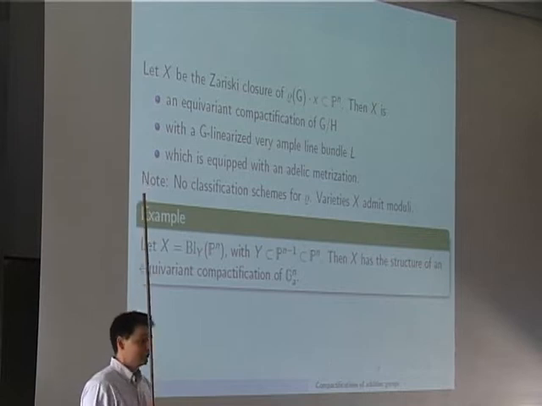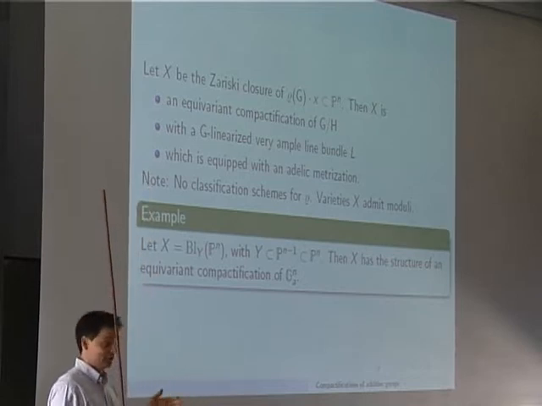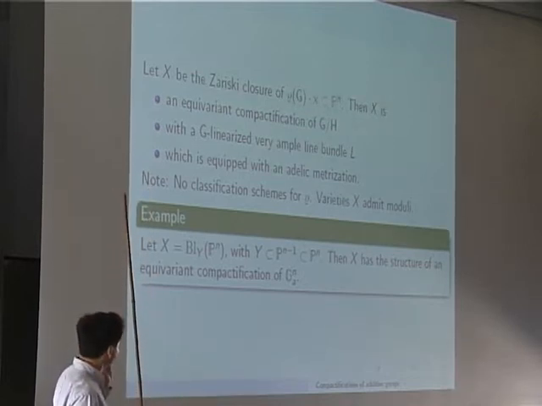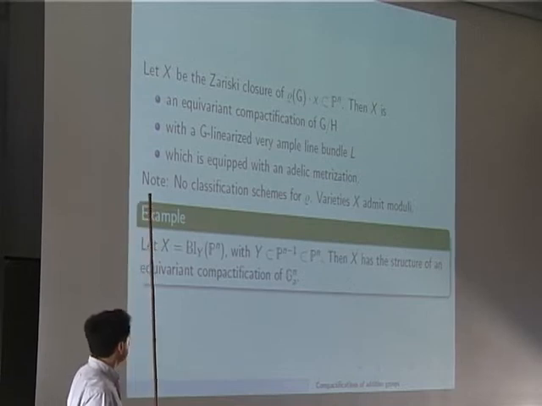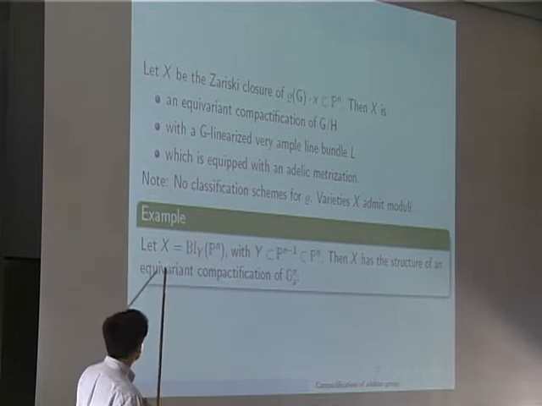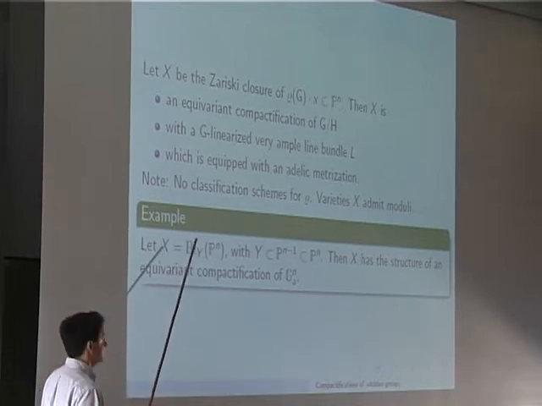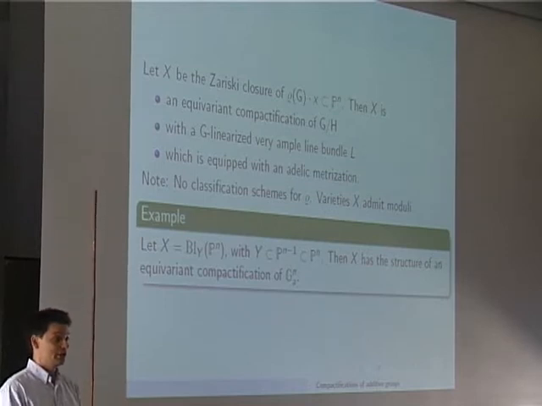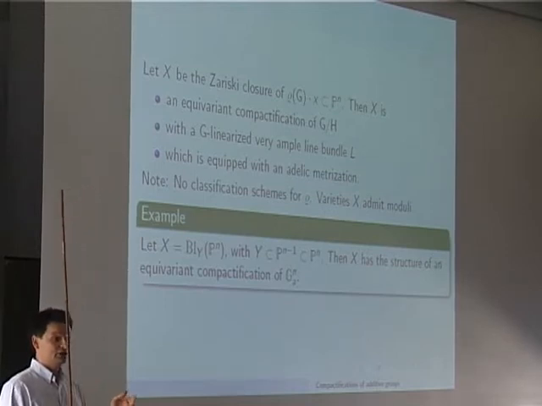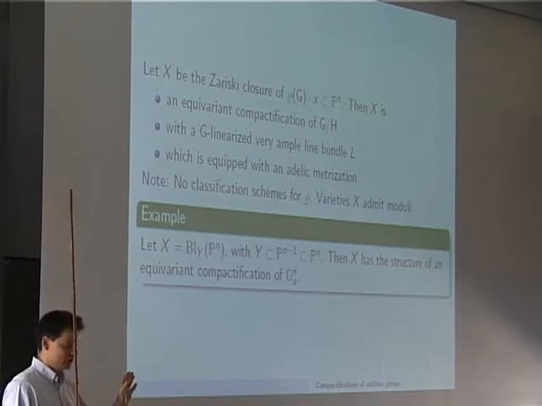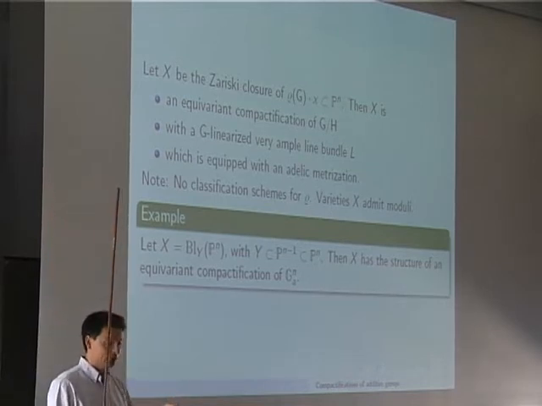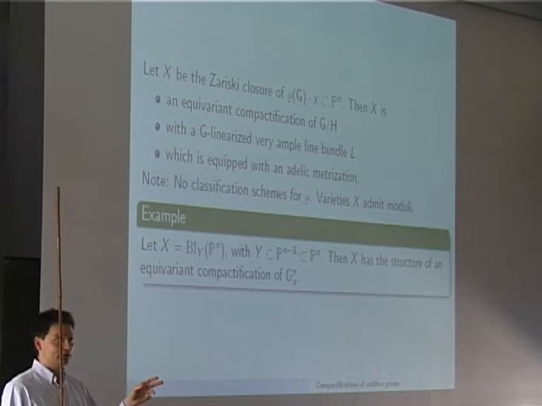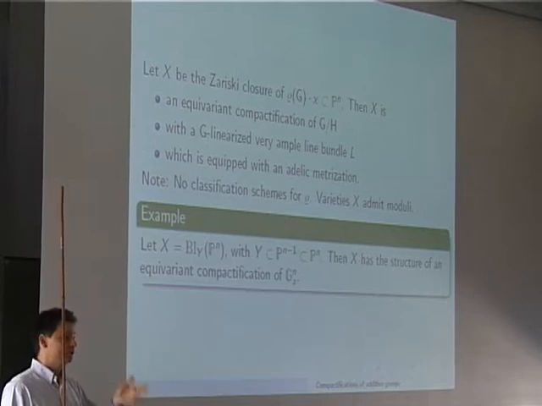So it turns out that the G_a^n action, the standard action on P^n, will extend to an action of G_a^n on this blow up, and that's an example of an equivariant compactification of G_a^n. So if you take G_a squared in P^2, you have this line, P^1. So pick any number of points on that P^1 at infinity and blow them up.